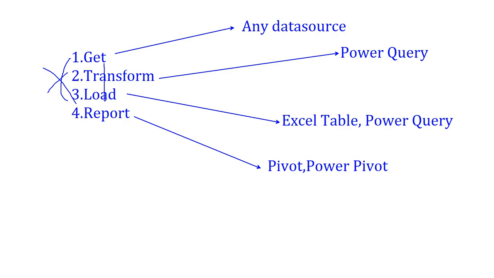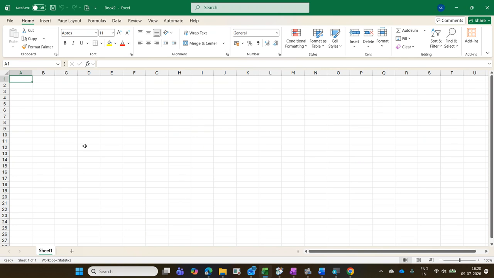So the first process is, let us get the data. Open a new Excel file. Go to the tab. I think Power Query, Power BI. Power BI is just very simple. It's just 10 years old.